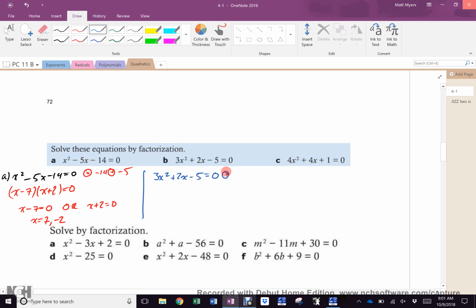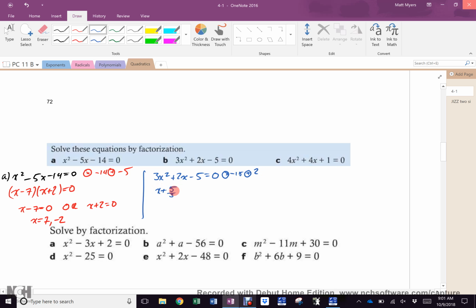I need to multiply to negative 15 and add to 2. What is it? It's 3 and 5, but which is which? Positive 5, negative 3, right? So it is x plus 5, but it's not really plus 5. What is it? 5/3.